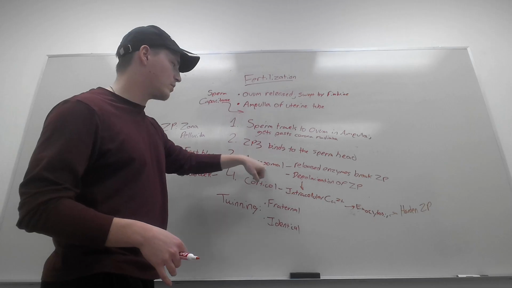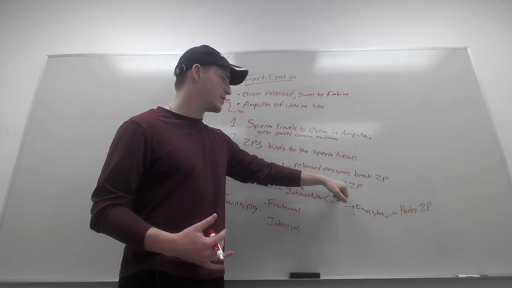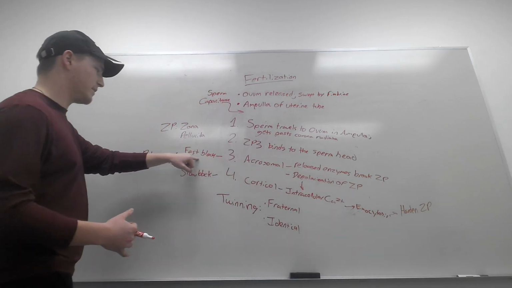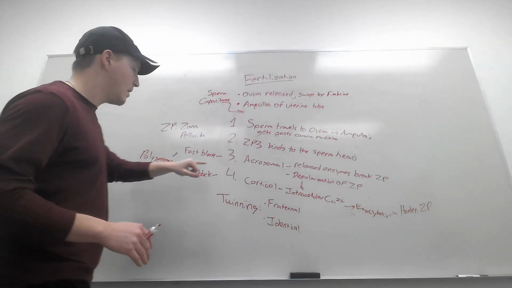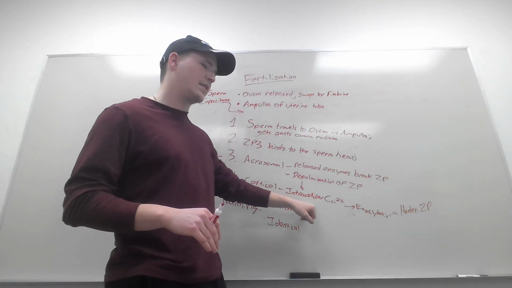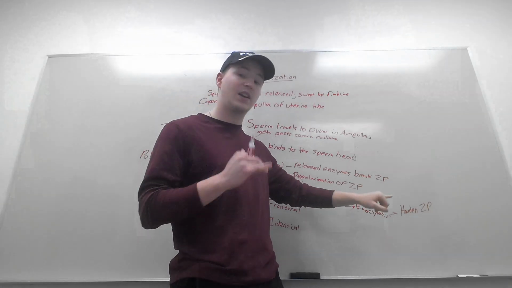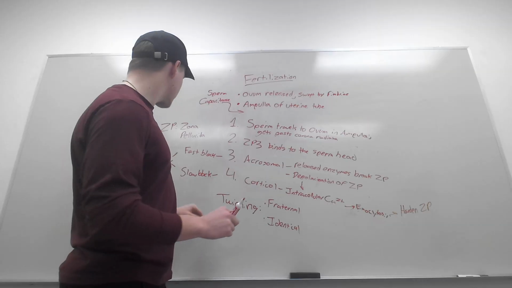The acrosomal enzymes break through, causing depolarization of the zona pellucida, which is a fast block to polyspermy, so no sperm is getting past that point. Then the cortical reaction seals the deal with the release of calcium that causes exocytosis of molecules that harden the zona pellucida, sealing the deal for sure.